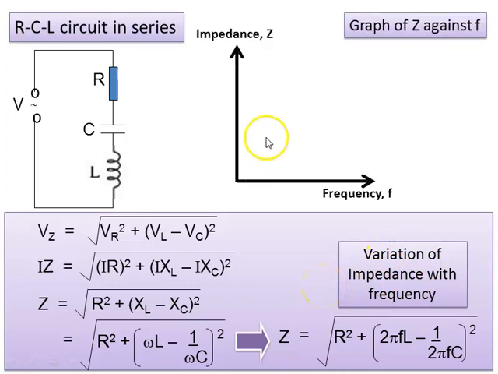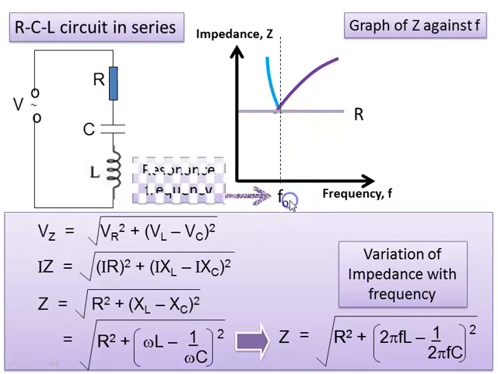And from the graph of impedance against frequency, refer to this equation. R is constant, so for the combination of RCL, we get this graph. And at the minimum point here, the frequency is called the resonant frequency.